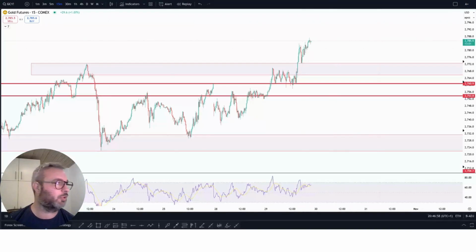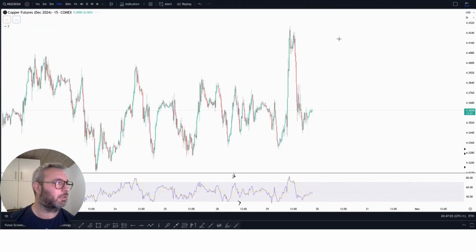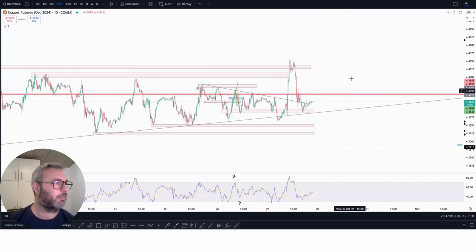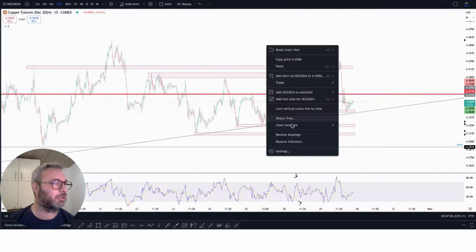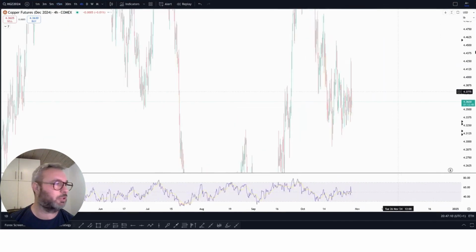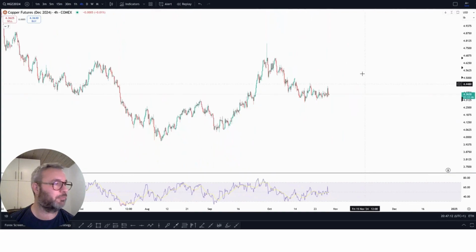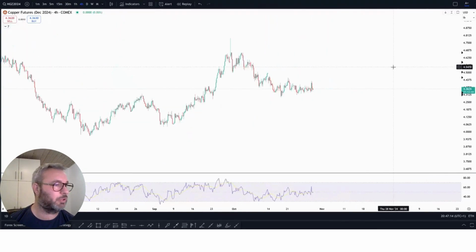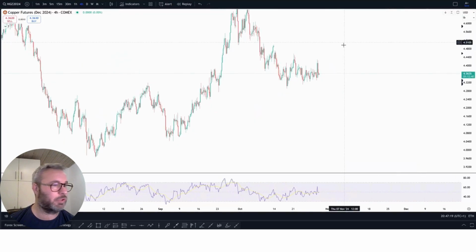So let's move on to copper. Copper is my favorite pair to chart. Let's remove all drawings. We go to the 4 hour chart first, 4 hour time frame. So what can we see here? First of all, I can see a very good trend line here.